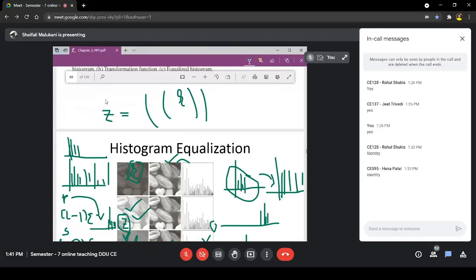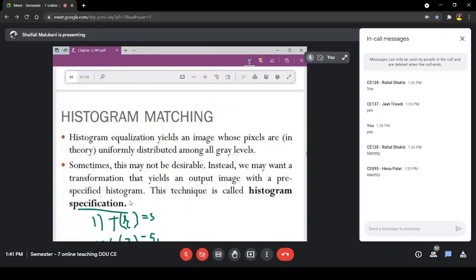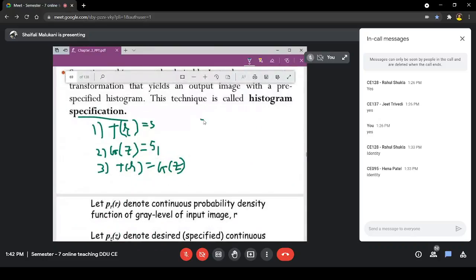So how is Z obtained from R? What should be the modification that I apply here so that I can get this? If Z should be some function of R, what should be the equation? How can I obtain Z?